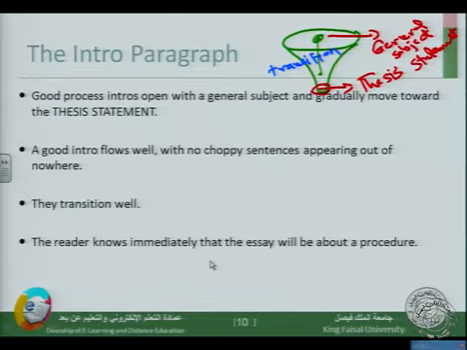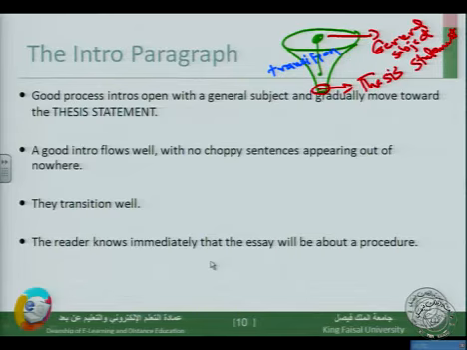Good paragraphs transition well. The reader knows immediately that the essay will be about a procedure, will be about something. So this is how you should start your introduction paragraph.